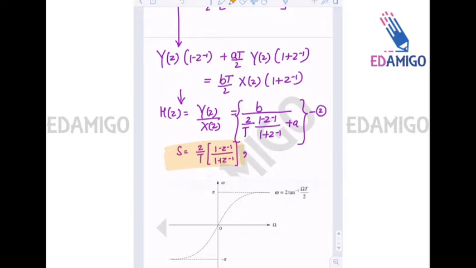Okay, now this can be rearranged and S is equal to 2 upon capital T times Z minus 1 upon Z plus 1. So this is also a relationship.